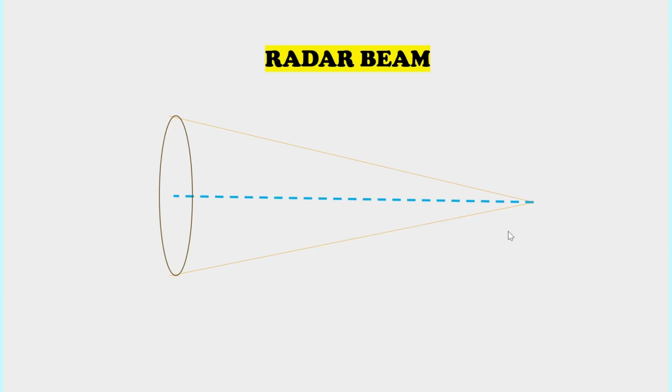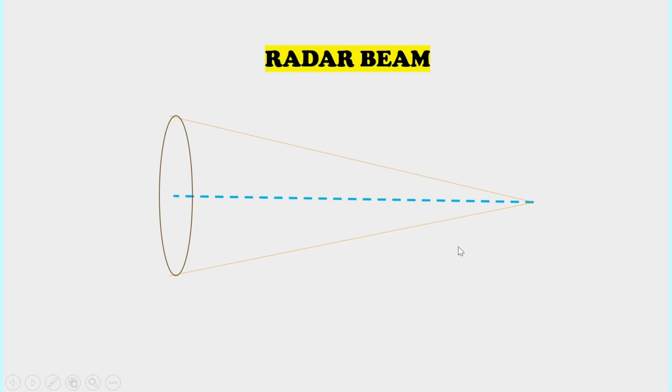Operation and technicalities of the weather radar are not the scope of this presentation, but just how we interpret the weather radar beam. So the beam is a cone-shaped pattern with a center line, the blue line, which is very important in our case here, which we'll be referring to as we go along.